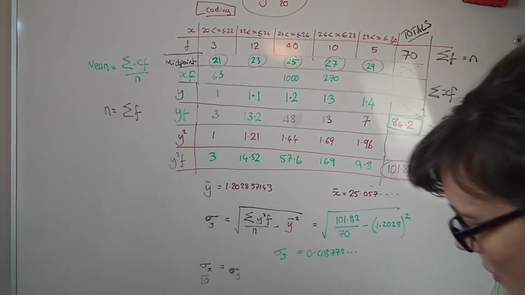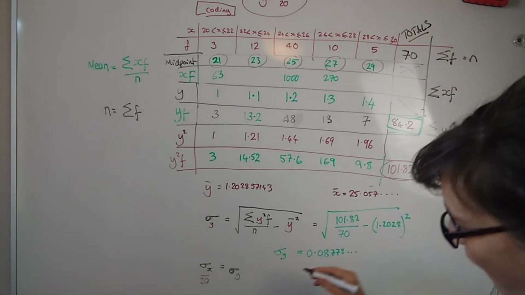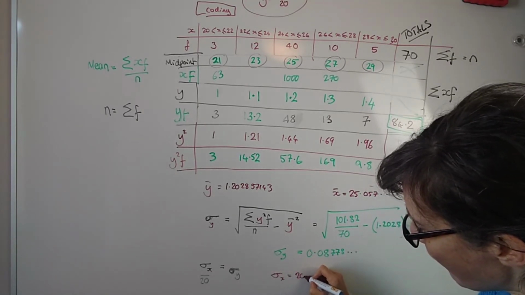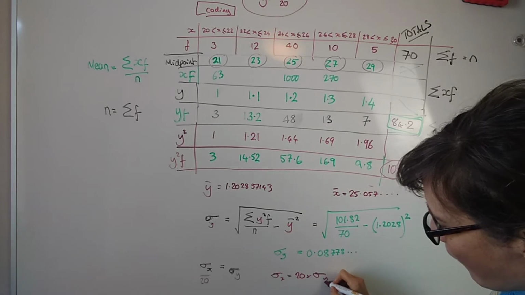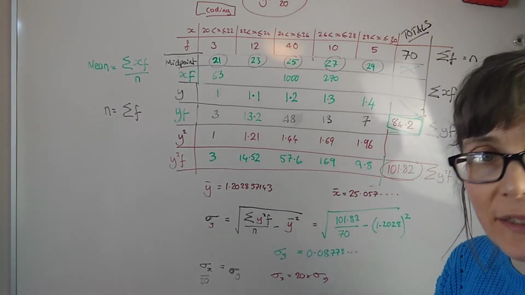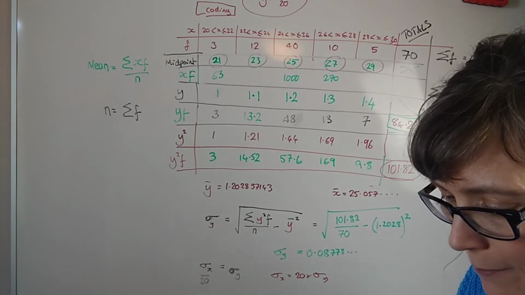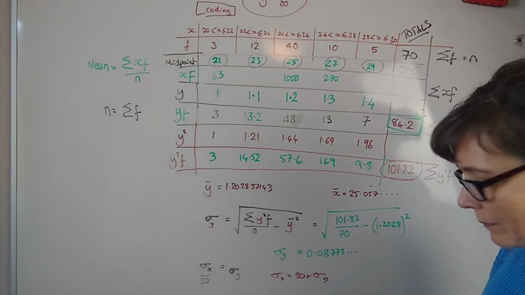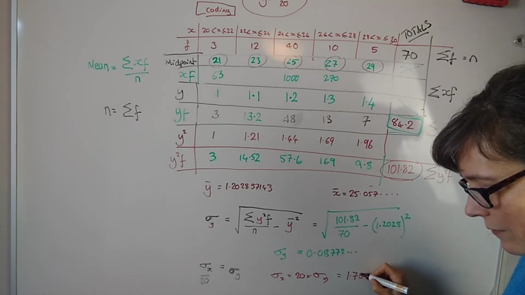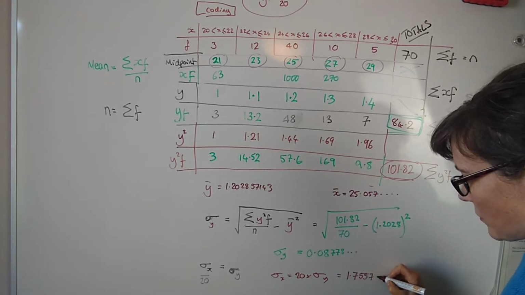So that means, and I've handily left sigma y on my calculator, so I can just multiply by 20 and I get 1.7557, something like that.